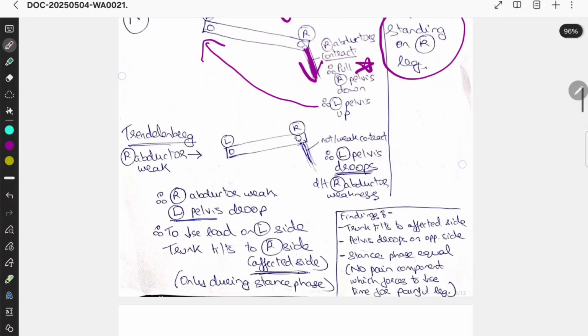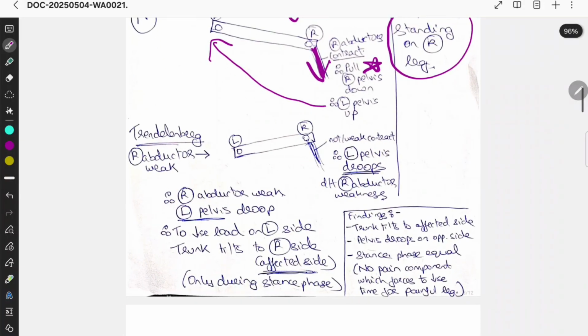So whenever there is Trendelenburg gait, what happens is, let's suppose there are different pathologies, but most commonly right abductor weakness is there. Okay, so whenever right abductor weakness is there, the right abductors will not contract, or there will be weak contraction.